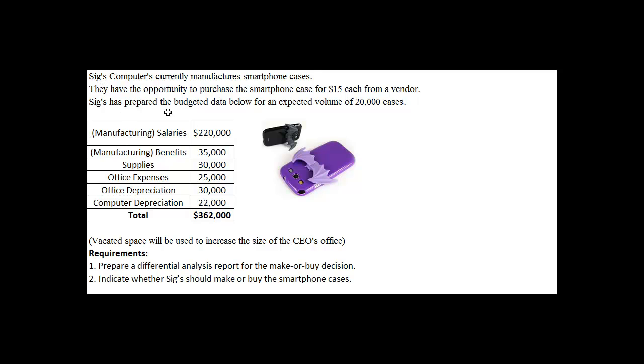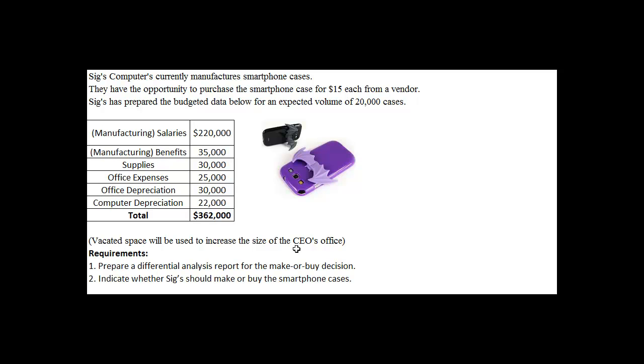And so this company, SIGS Computers, has put together a budget for the next year, and the budget is listed right here, and this budget is assuming that they make 20,000 of these smartphone cases. And some additional information here: if the company does go ahead and buy the product instead of manufacturing it, any space that's vacated would be used to simply make the CEO's office bigger.